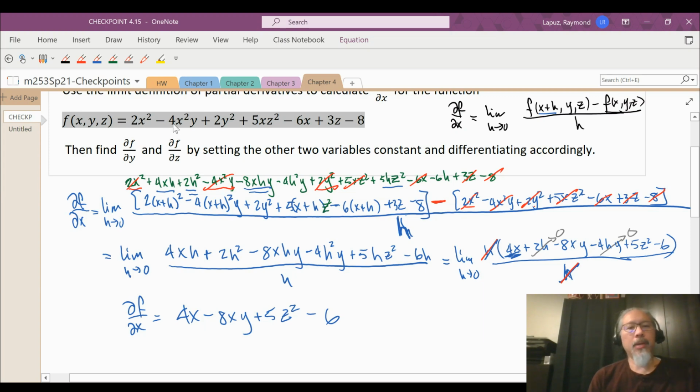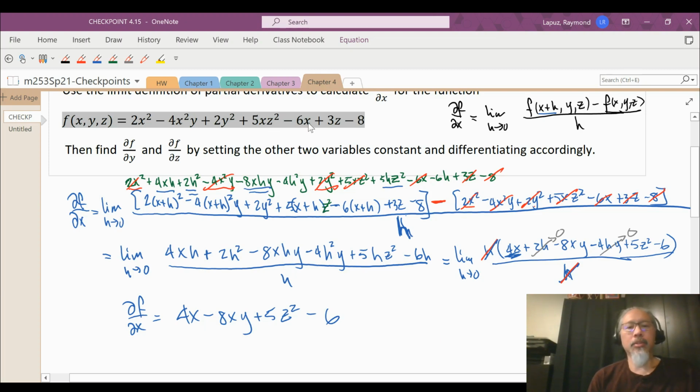4x to the first power. The second term, if y was constant, would be negative 8x to the first power times y. The 2y term will be gone because it's constant, and we have a 5xz squared, and 5z squared would be constant, so that would just be a 5z squared. And we have a minus 6x.